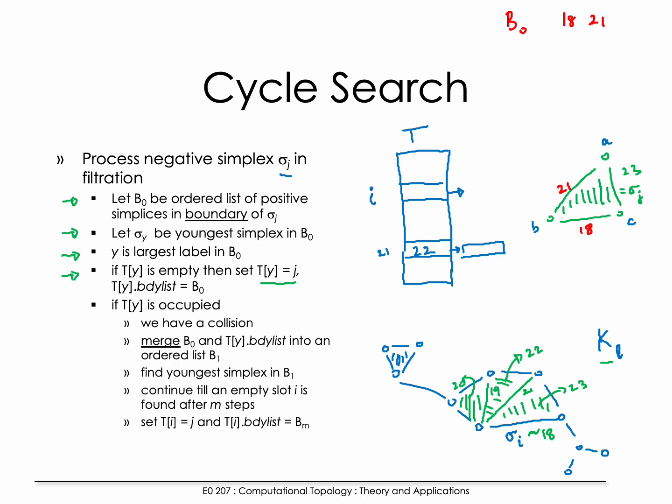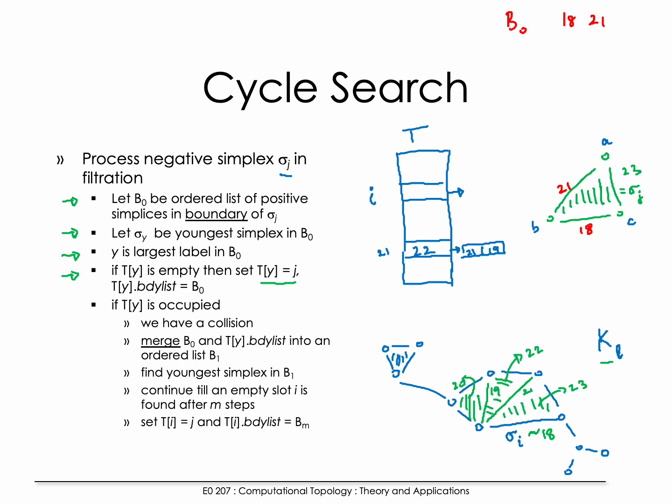And in fact that boundary list will include 21 and any other positive cycles, so it would actually have 21 and 19. 21 and 19 were the positive simplices that corresponded to the cycle that was destroyed when you insert 22, right?